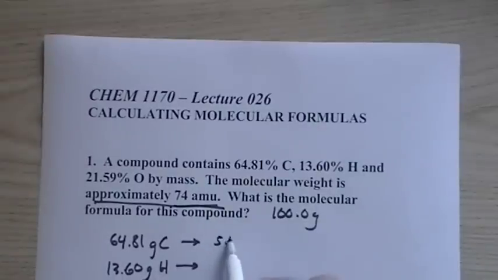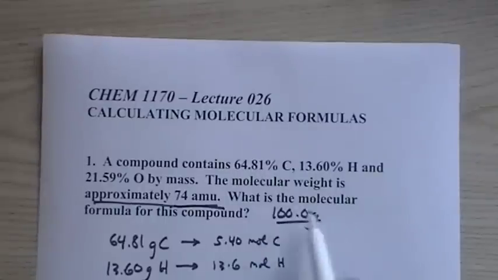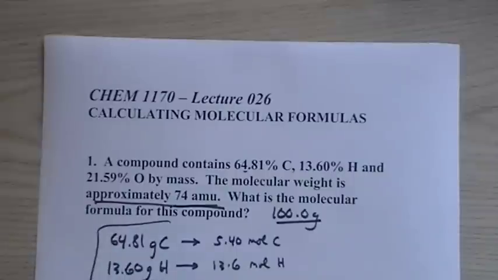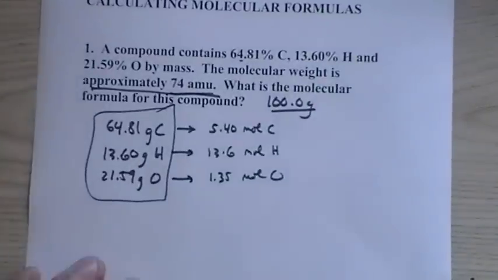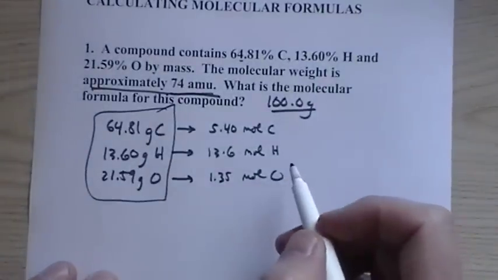I am skipping, but at this stage, if you don't see how to get here, you want to go back to the earlier lectures. So I'll just say it quickly. We have 100 grams. Use these percentages to find the masses. Very simple because we're using 100 grams. And then we convert to moles.